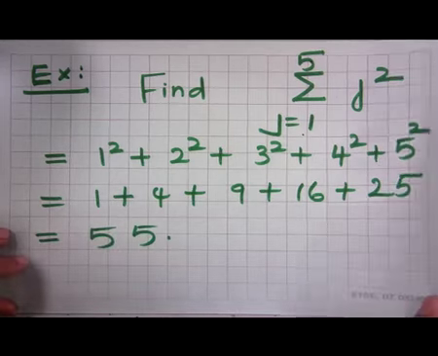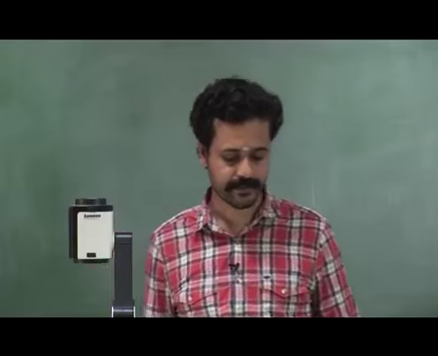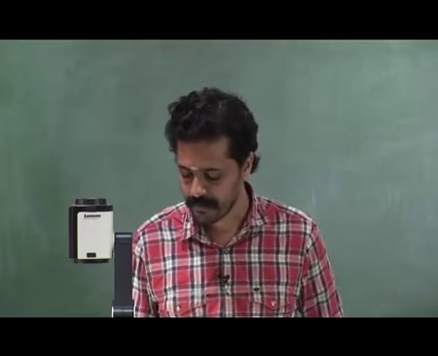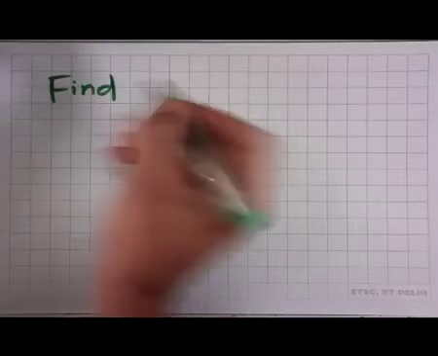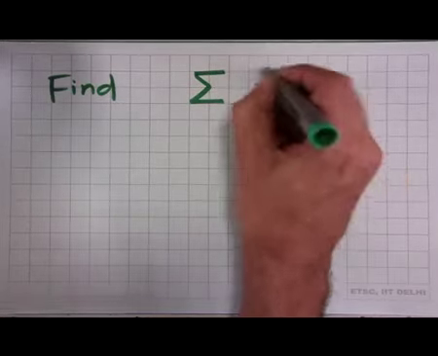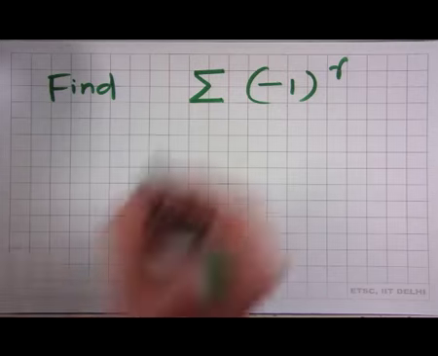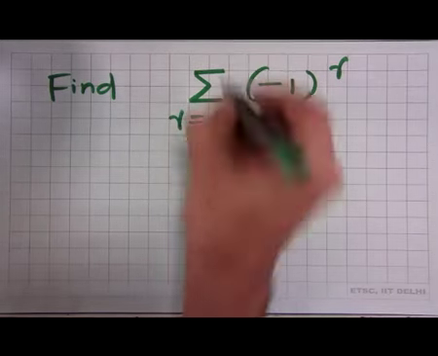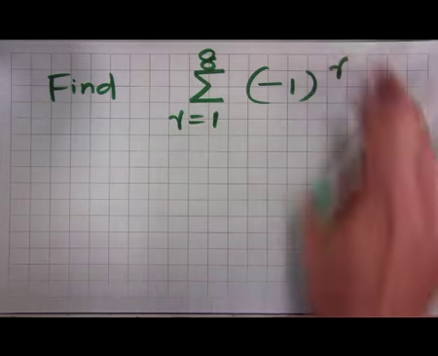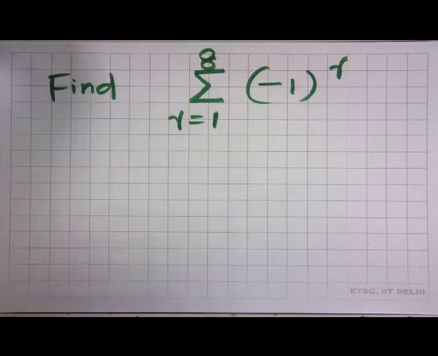Again, to fix this notation in your mind, let us proceed with one more example. Find summation minus 1 power r, r equal to 1 to 8. Remember, this notation is used for a sum of a finite number of real numbers.